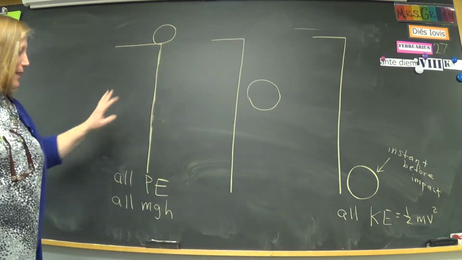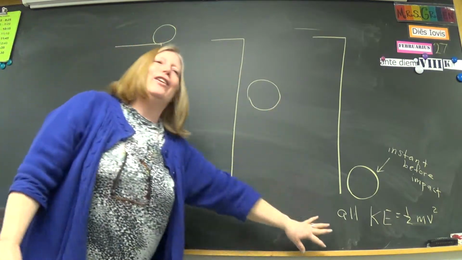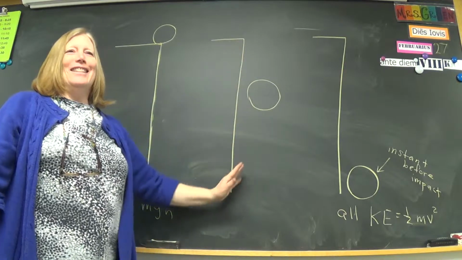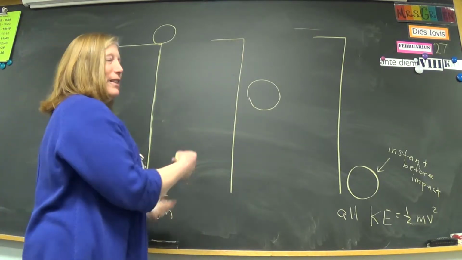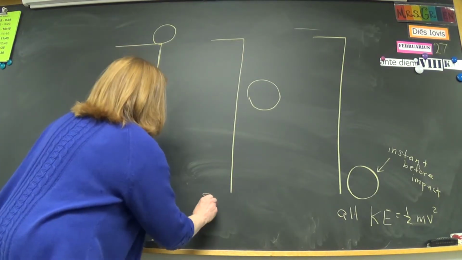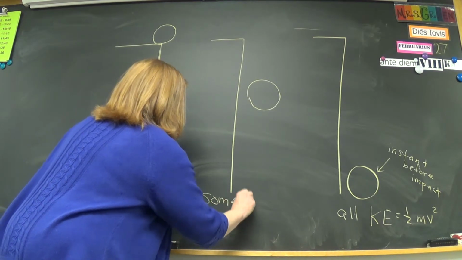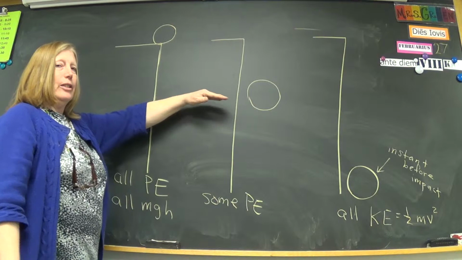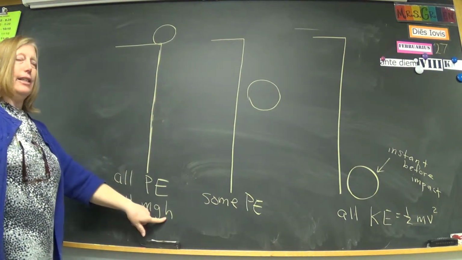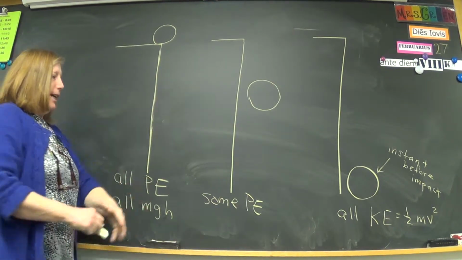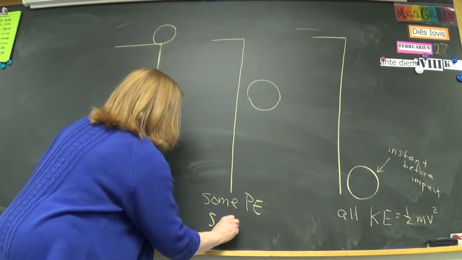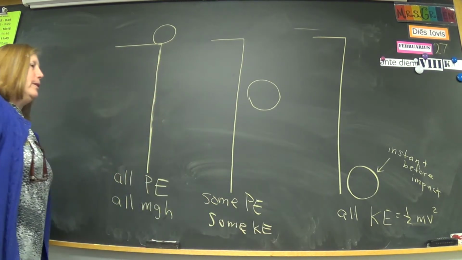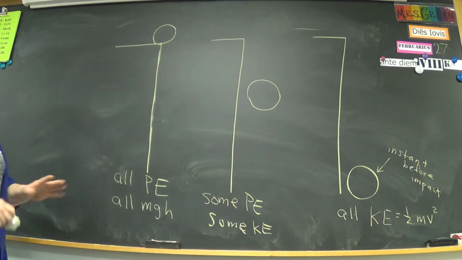All right, so if this is all potential, no kinetic, and this is all kinetic, no potential, guess what this is? Some potential, because it still has a height at this point, so we still could calculate an mgh. There's height involved, and there's some kinetic. So make a note of that and put those parameters there.